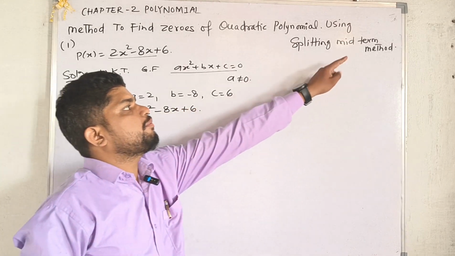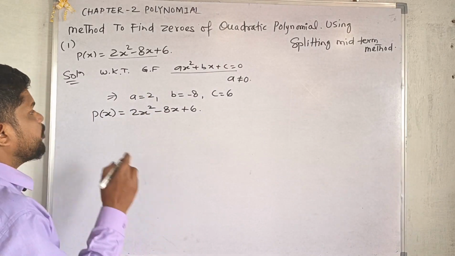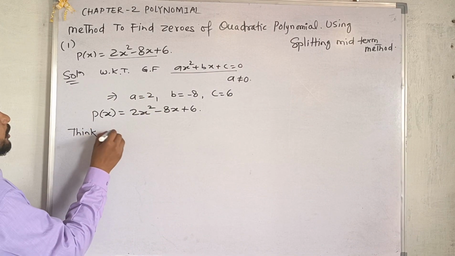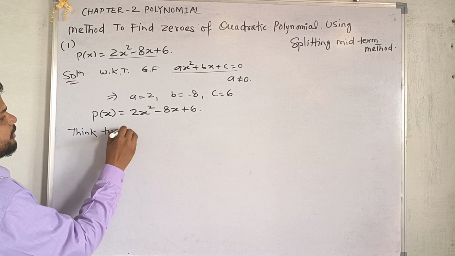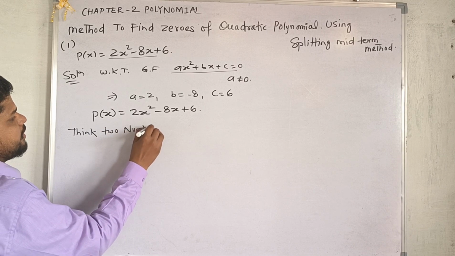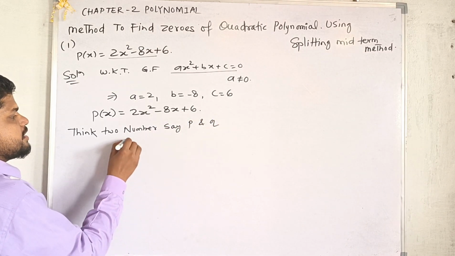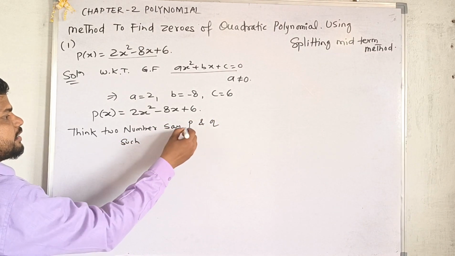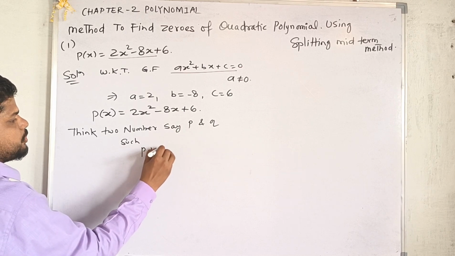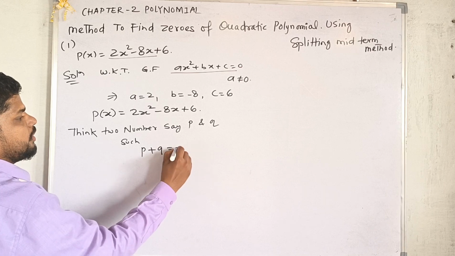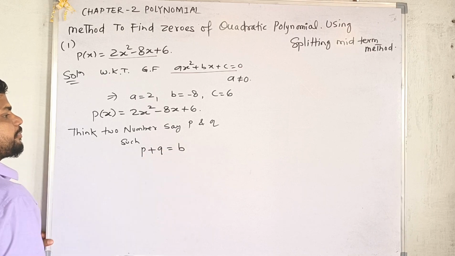under the splitting the middle term method, we generally think about two numbers, say p and q, such that their sum, that is p plus q, should be equal to b.